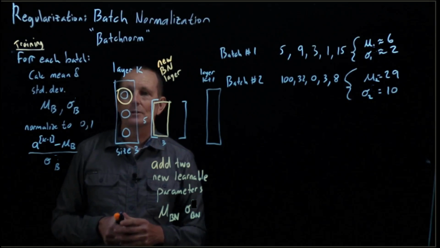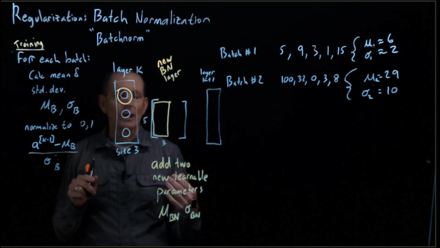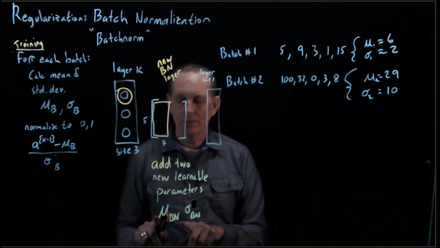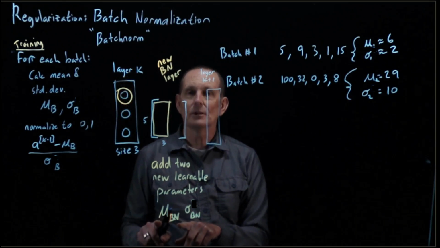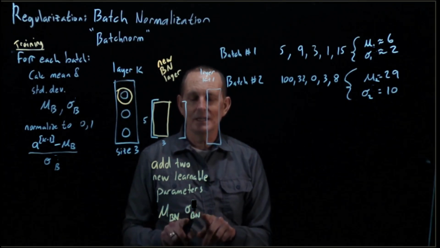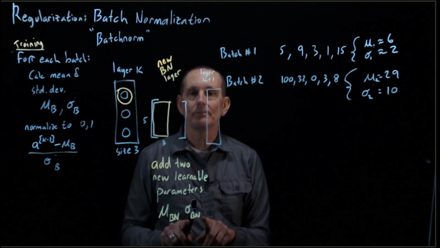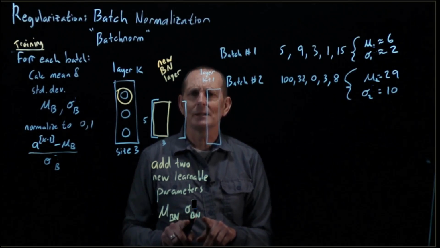Now what we want to do is take it out of the 0, 1 range and take it to this range. So we want a mean of mu sub bn and a standard deviation of sigma squared sub bn. How do we get that?